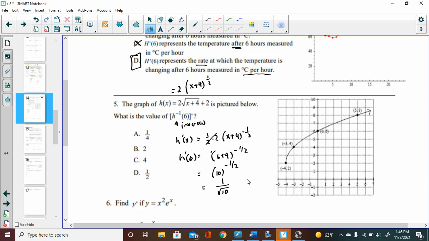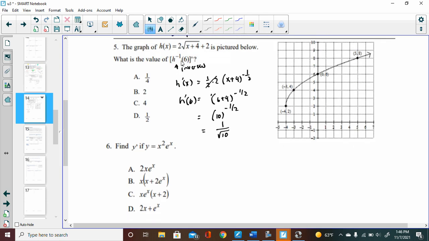Because remember, the inverse is where you switch the x's and y's, and it won't quite work because we need the derivative of inverses. So this is a special one. We can't finish that quite yet. So don't worry about that, guys.